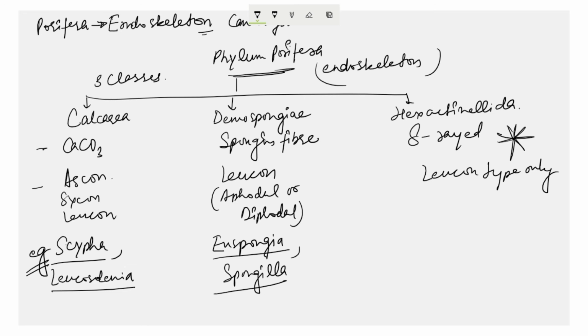Under Hexactinellida we have Euplectella and Hyalonema. Okay, so this was the classification, and in the next video lecture we will discuss the canal system of sponges.